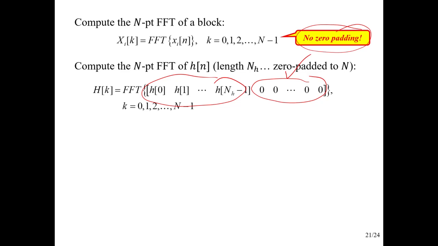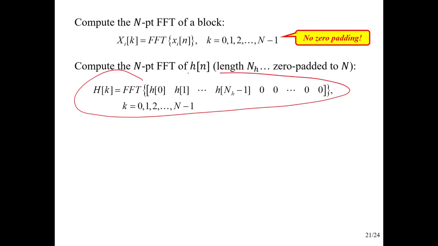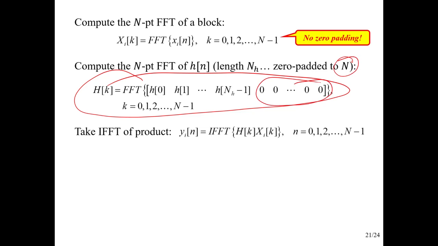So no zero padding for the signal blocks, but zero padding for the filter. And this can be pre-computed, right? Because we will have chosen L, we know what N is, we know how many zeros to pad and so forth.